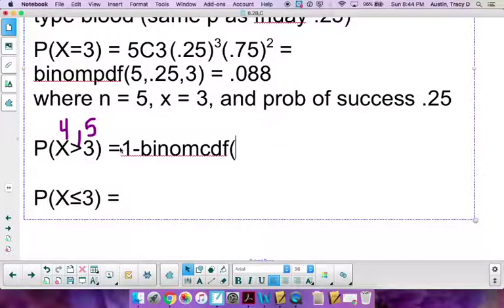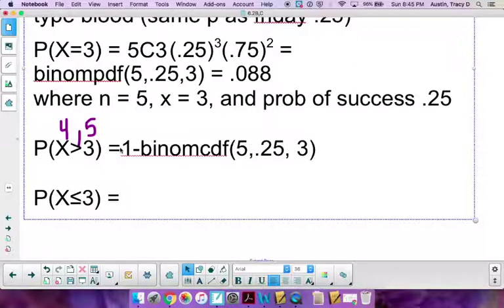So you're set up: 1 minus a binomial CDF of 5 trials, 25% probability. What am I getting rid of? 0, 1, 2, and 3 being the highest number that I'm getting rid of. So that's what I need to go up to and including. So that's what you're going to put in your calculator.